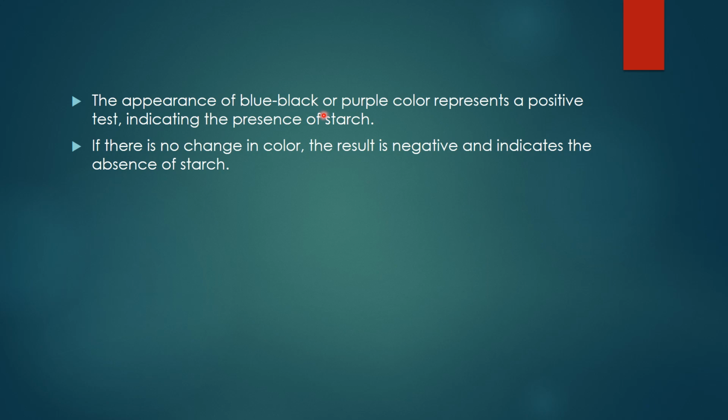If there is no change in color, the result is negative and indicates the absence of starch and even a polysaccharide. But if another color appears, like brown, yellow, orange, or black, that indicates another polysaccharide like glycogen, amylopectin, and so on.